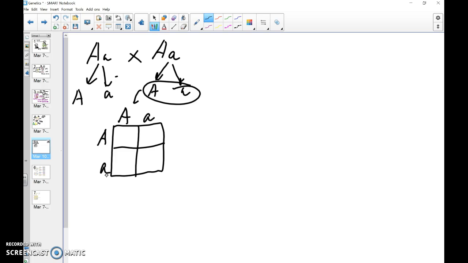Now what we use the Punnett square for is kind of like multiplication tables. We want to see how these things can combine. So here I take the A and I combine them right here. So I have capital A, capital A. So that's one possible way that the gametes from these parents could combine. Over here I'm going to take this capital A and this lowercase a, and that's another possible way that these gametes could combine.